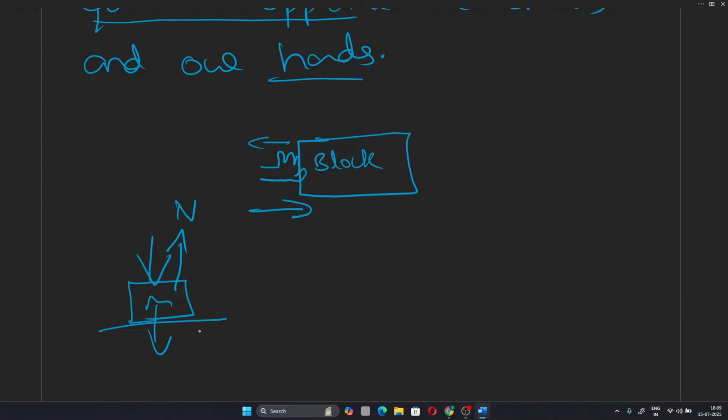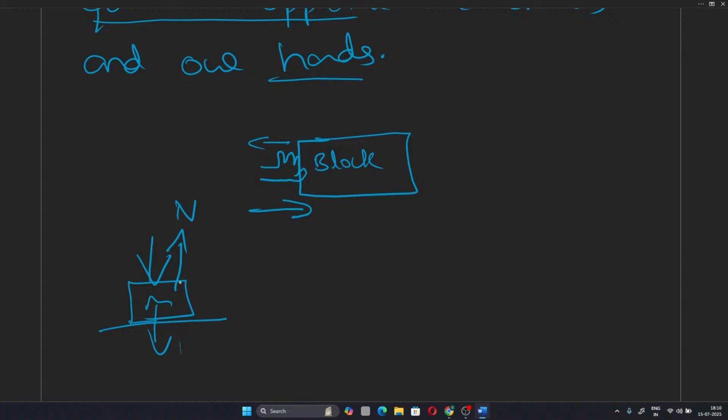We see the earth is also applying equal and opposite normal forces here. The earth is pulling the block downwards due to gravity and is also applying normal force here. This is easier to understand than the pushing a block scenario. Both are basically the same thing actually.